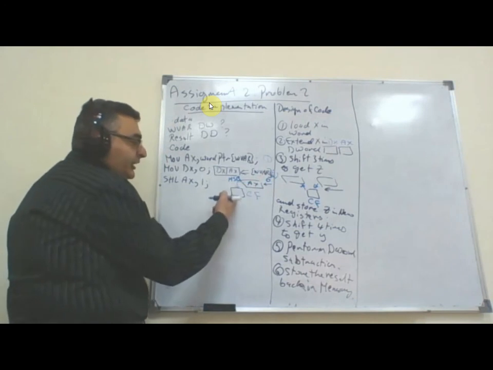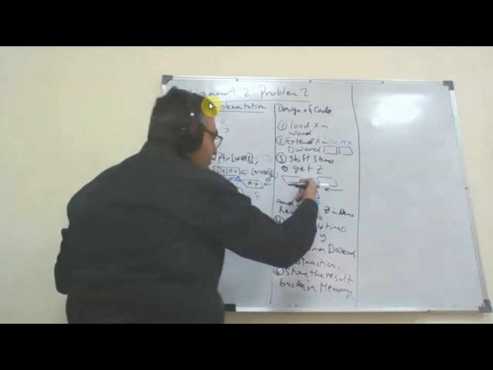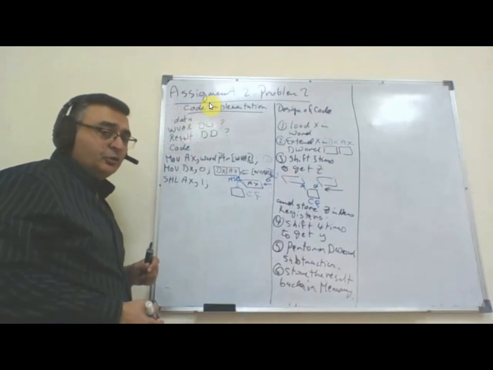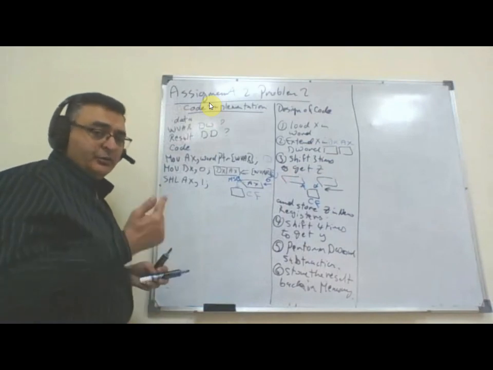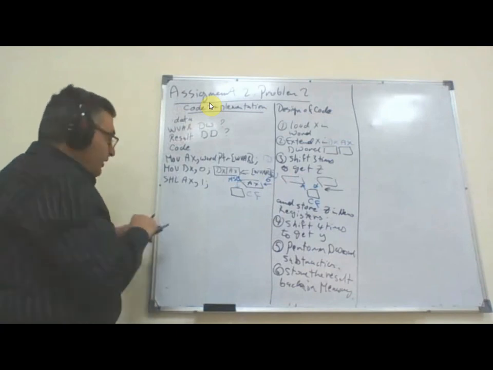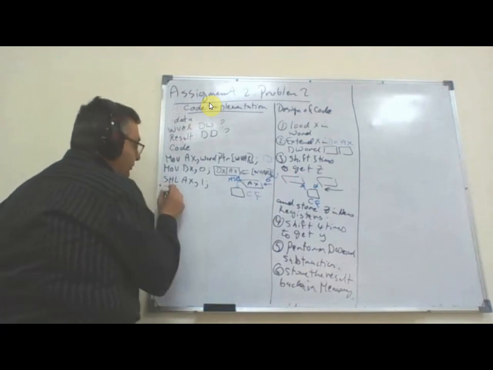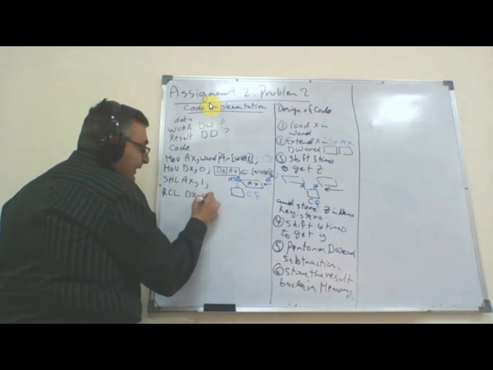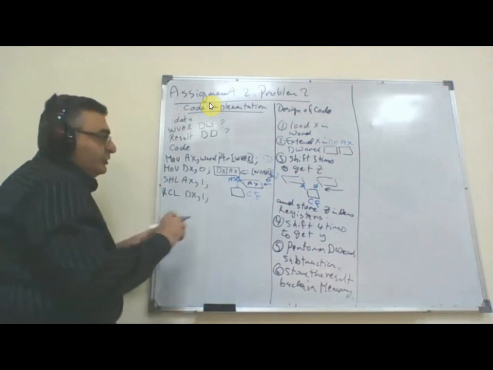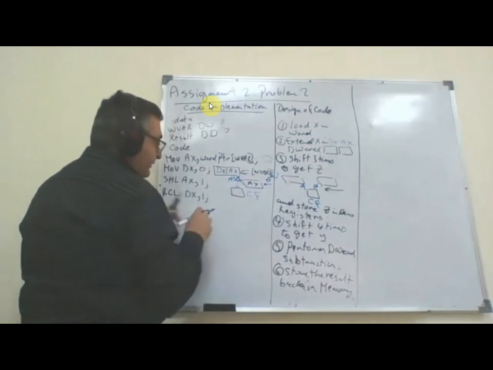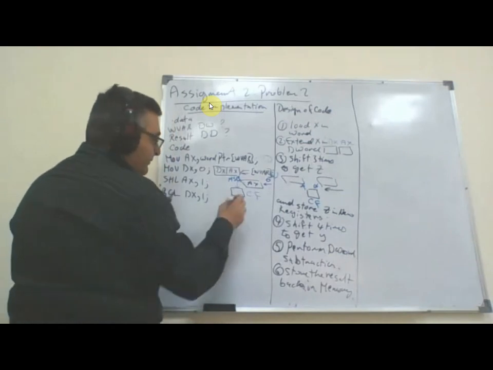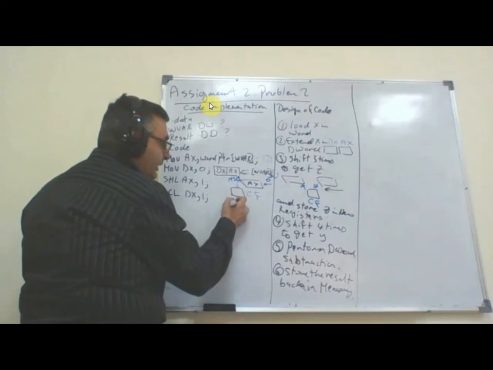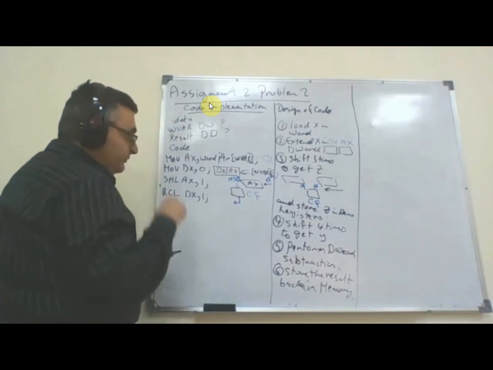Now I want to take this bit and insert it inside DX. Can I do that? Yes. We have an instruction called rotate with carry to the left. If I rotate with carry to the left for DX for 1 bit, this will automatically take the bit from the carry flag and insert it.